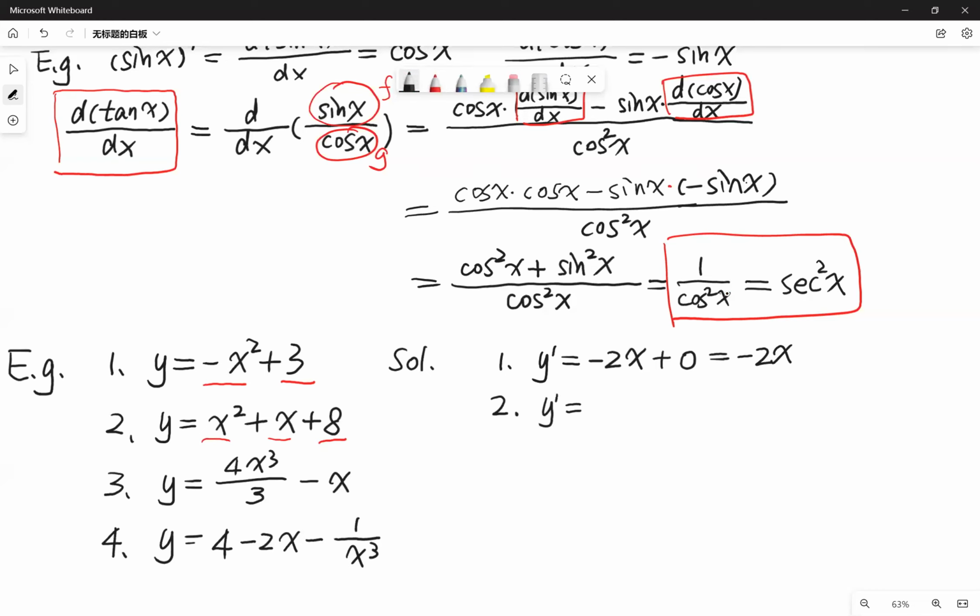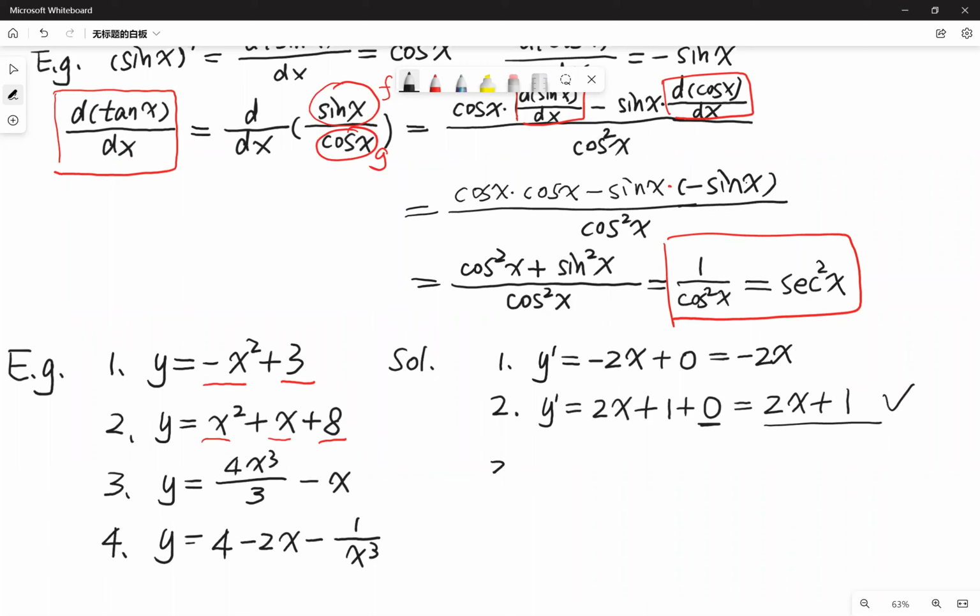It's 2x plus 1, right? You should not forget to simplify. The final answer is correct. And when you calculate this, you should know the derivative of a constant equals 0, right? Don't miss this point.